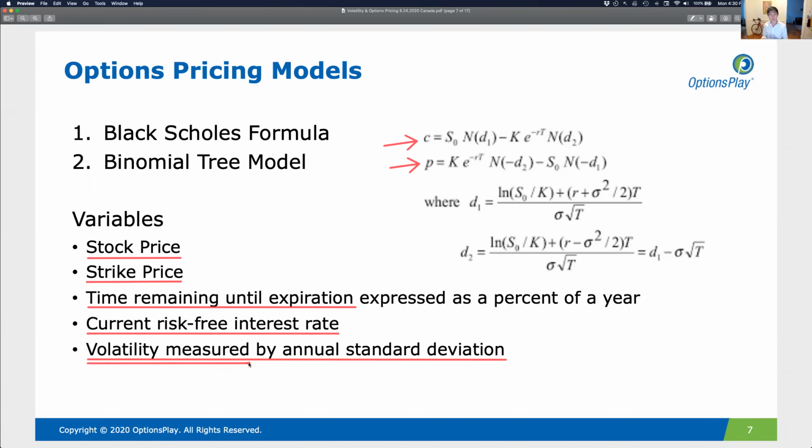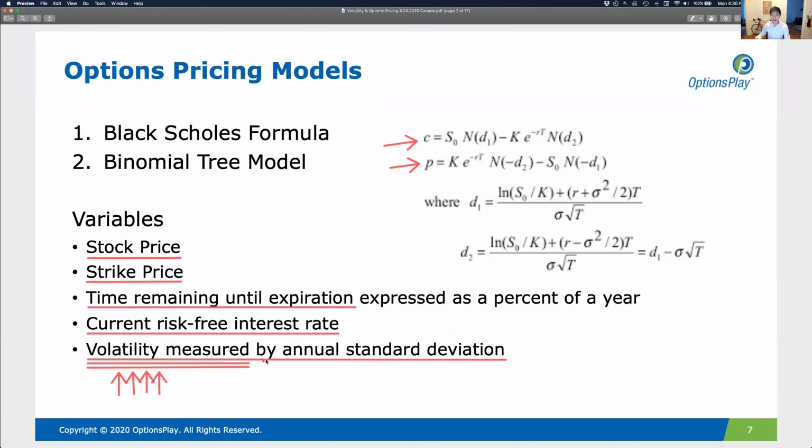However, in reality, what we have from the market is an actual call and put price. So we're basically reversing this formula. Instead of getting the call and put price from the formula, we're inputting the call and put price from the market, and what we're getting back out is the volatility measure that we were talking about, and that is how we calculate the market's expected volatility.